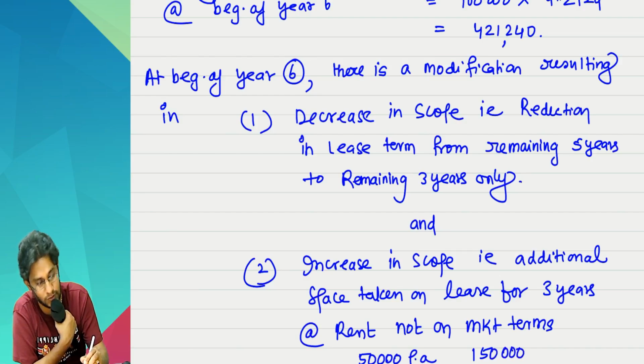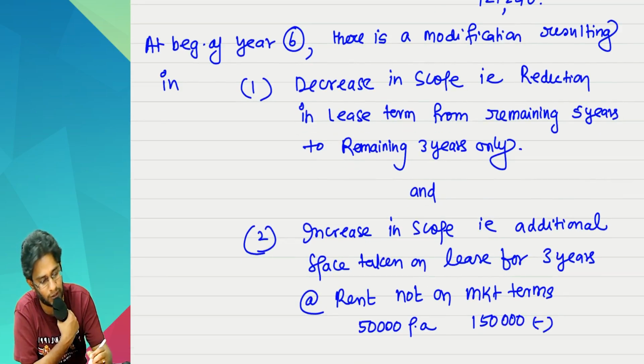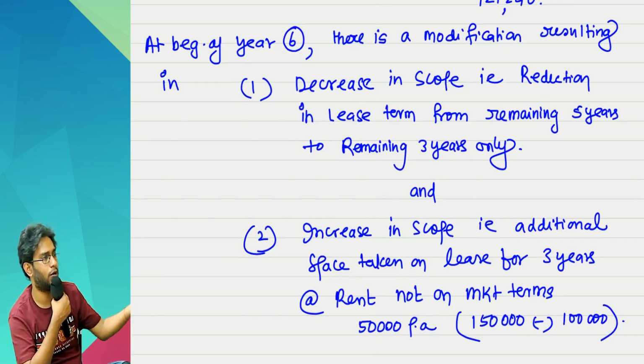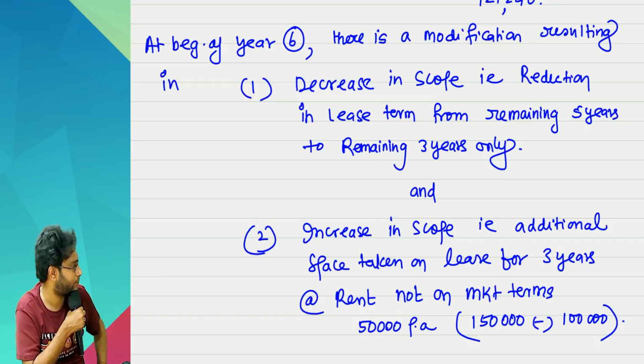How do you know it is 50,000? Because 1,50,000 we have to pay hereafter. Already I was paying 1 lakh, so 50,000 is purely because of that additional space.